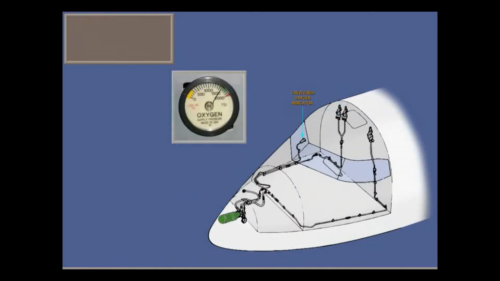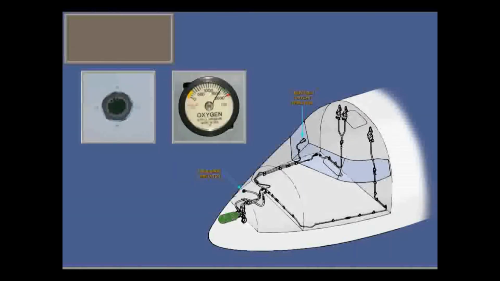A pressure indicator on the right side console provides the right pilot with cylinder pressure readings, and a green disc is ejected if oxygen is discharged due to overpressure. Minimum pressure for dispatch is 1300 psi or 1800 psi if the jump seat is occupied.